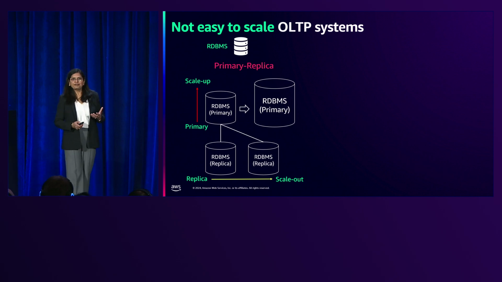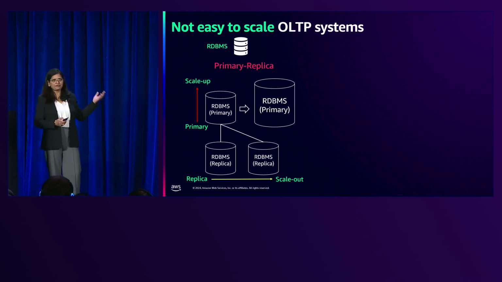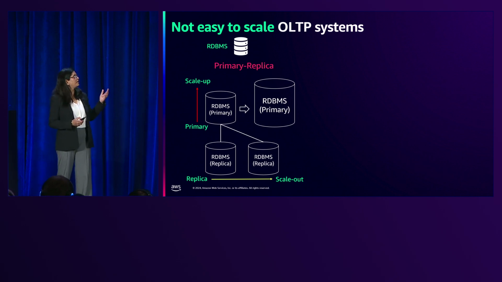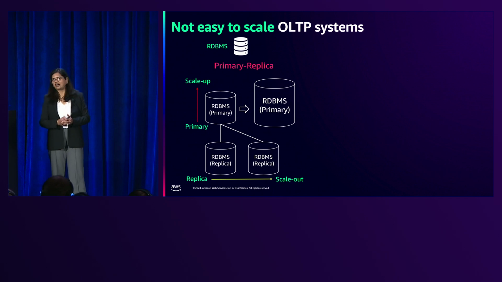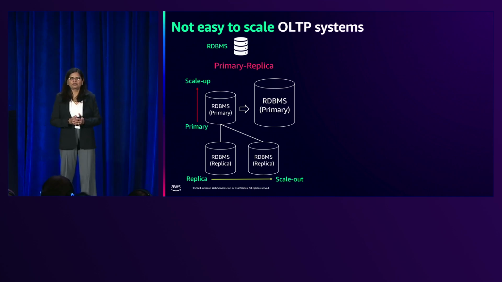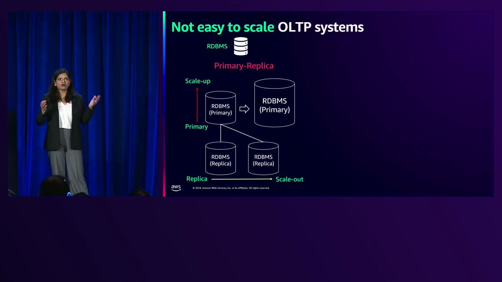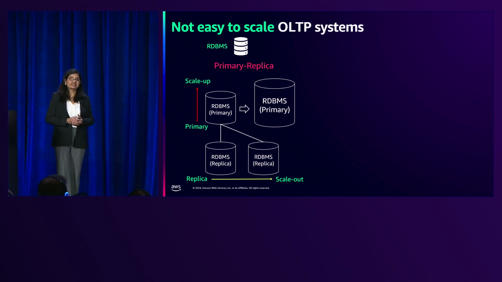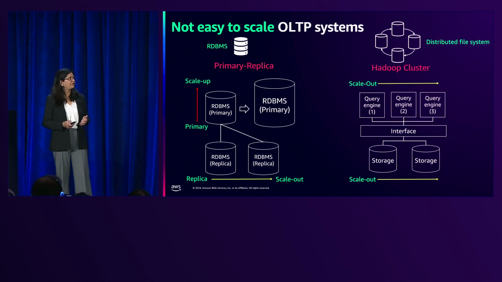However, the underpinning for a data warehouse is RDBMS, and RDBMS are hard to scale. You typically have one primary node that supports all the write requests, and then a bunch of replicas that support all your read requests. Scaling is expensive here, in terms of both cost and time.